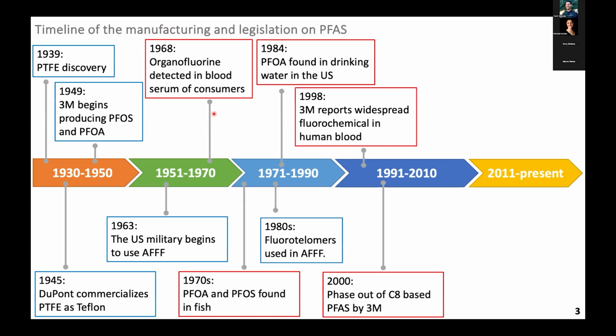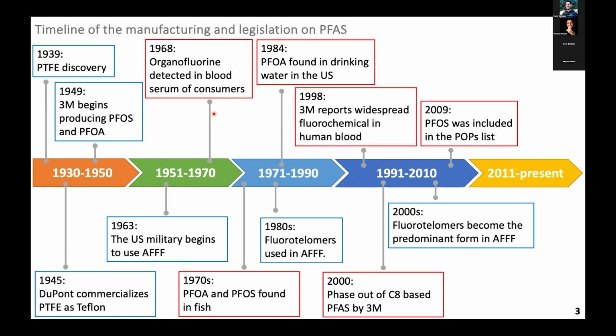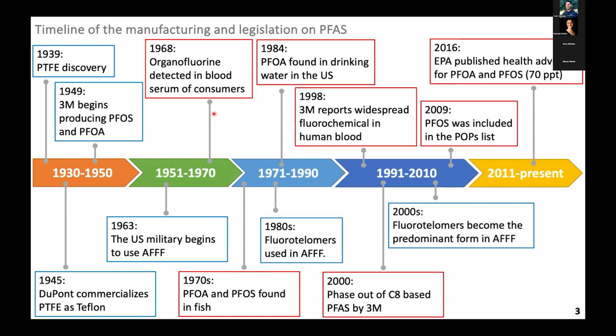So in about 2000, 3M started to phase out these PFAS molecules from their products. In 2009, they were put on the priority pollutant list. And in 2016, the EPA published an advisory for PFOA and PFOS at 70 parts per trillion. That's parts per trillion or nanograms per liter. These are quite low concentrations. These are for things like drinking water.